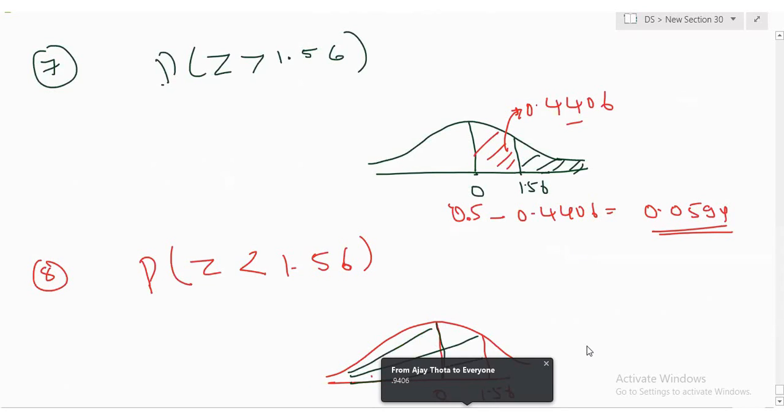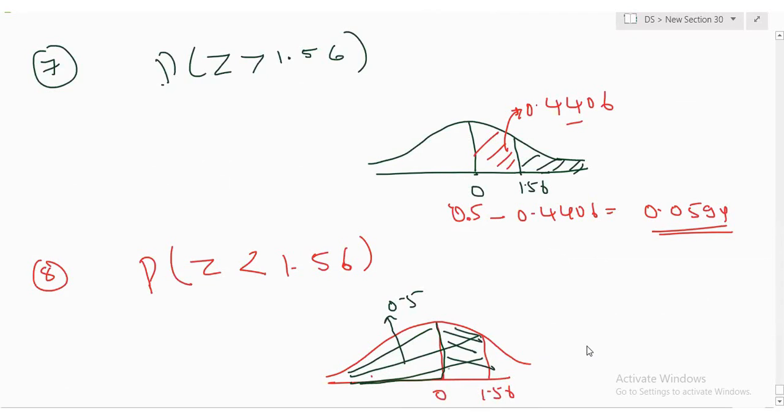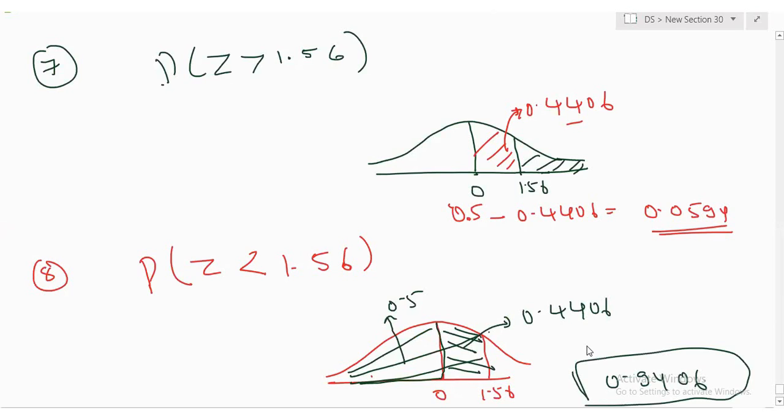Anyway, from here to here I know it is 0.5. From the table, you'll get this value. How much is this? 0.4406. Add these two. So that is going to be 0.9406, your final answer. Any questions on this, guys?